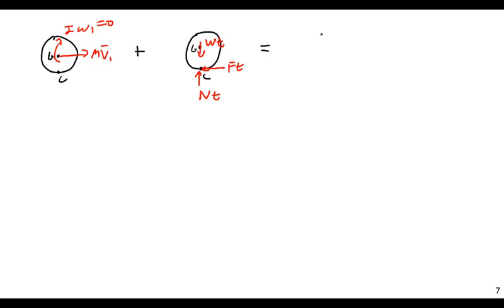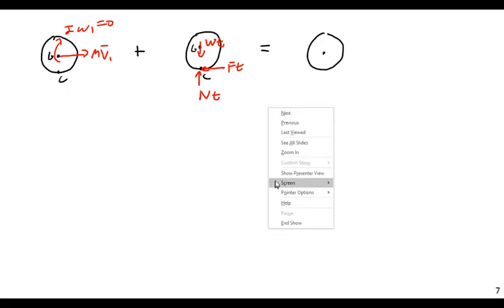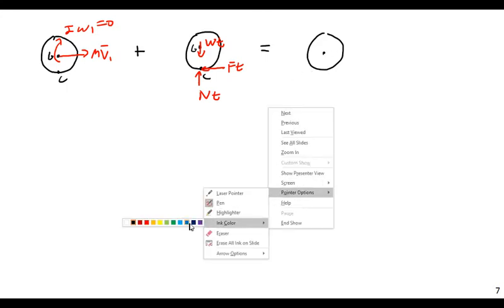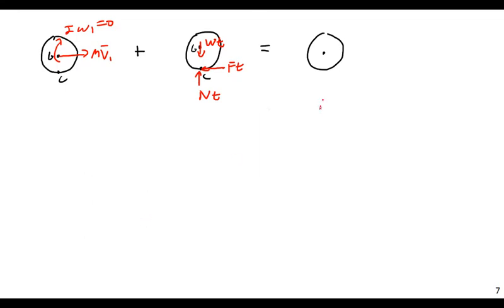And then this will equal the final momentum, both linear and angular. And the final angular momentum will be some I omega 2 and an m v2. All right. So this is our basic setup.